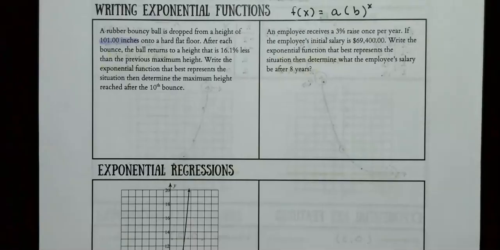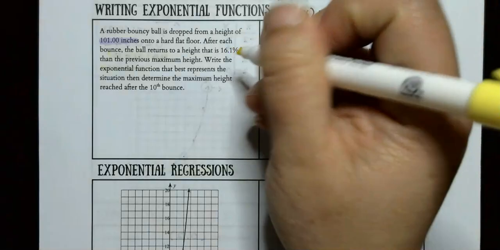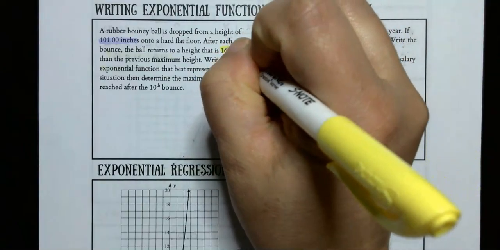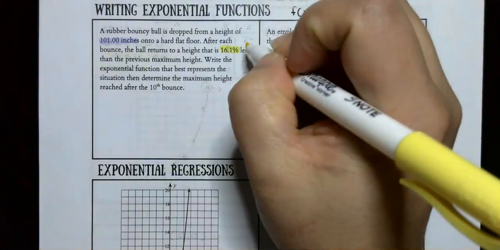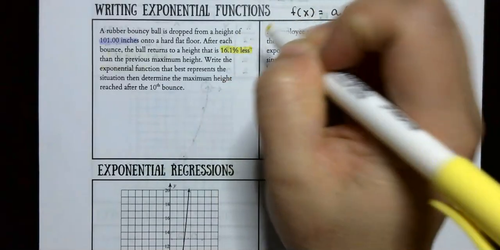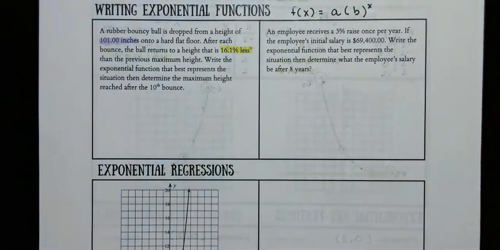That is going to be the rate because it is a percentage. The second word that's important here is that it is 16.1% less. That word less automatically lets us know that this is not growing, it is decaying, because it is decreasing by this percentage. So we're ready to set up our equation.